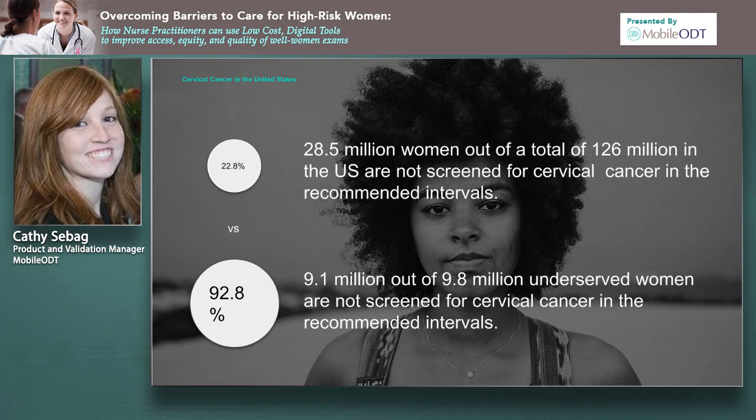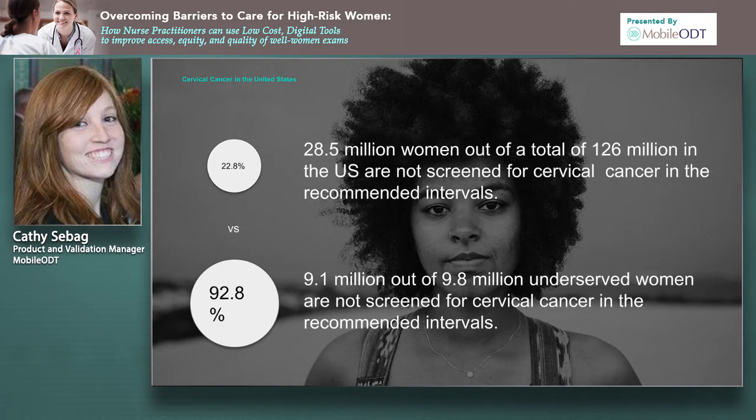Today, only 22.8% of American women don't undergo screening within the recommended intervals, but more importantly, the groups that are the most high risk, those from ethnic minorities and lower socioeconomic groups, face the most barriers from access and awareness, cost, time away from work and family, and for many other complex reasons. 92.8% of the 9.8 million underserved women in the US today are not screened within the recommended intervals.